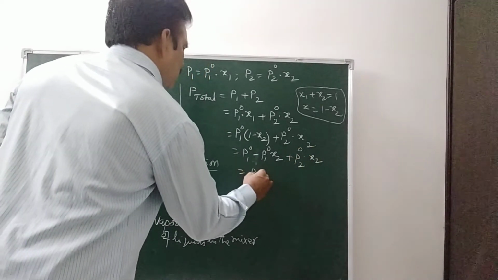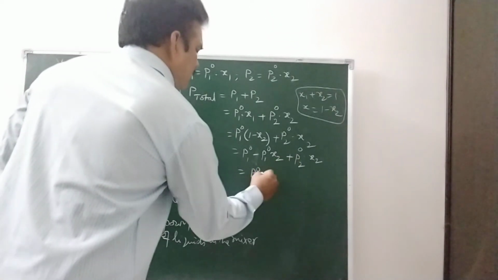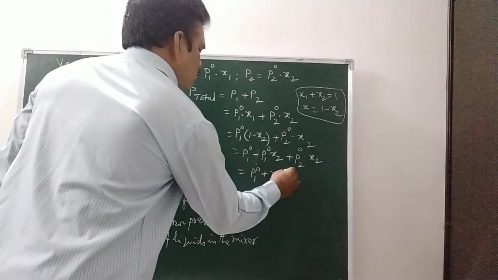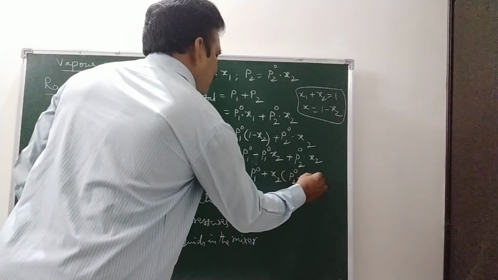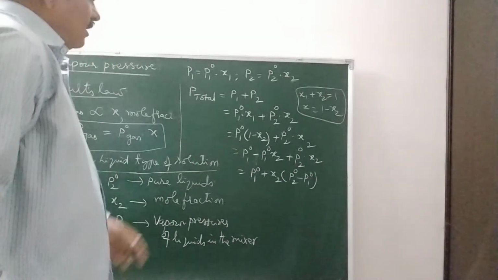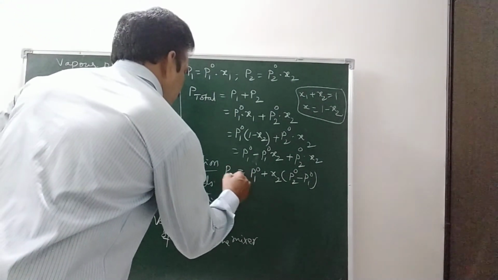That is equal to P1 naught. Here x2 is common, so x2 into P2 naught minus P1 naught. Or this is P total.